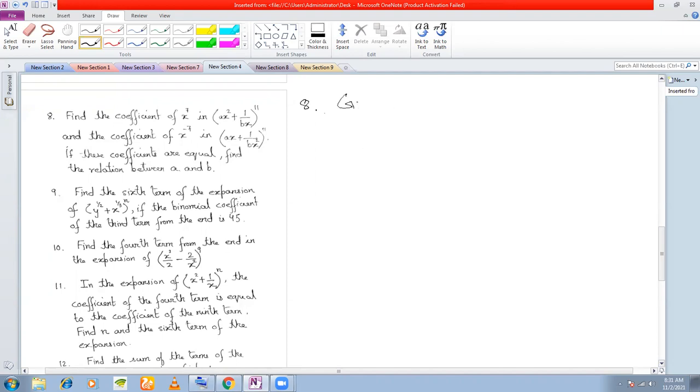Okay, so first given expression here is (ax square plus 1 by bx) to the power of 11. So here n is equal to 11. You need to find the coefficient of x to the power of 7. Let us first find the term which contains x to the power of 7. So I say let T(r+1) contain x to the power of 7.